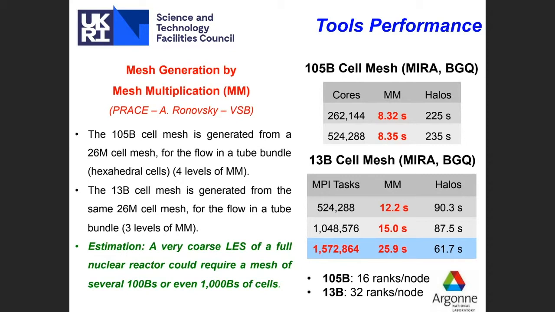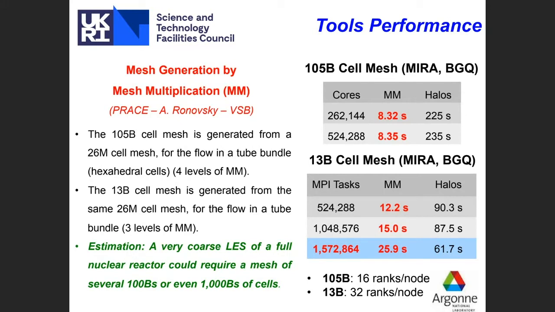So computing the halo, as you can see here, we use massive meshes from 13 billion up to 105 billion. Remember that the simulation you ran yesterday was about 2 million. So this is about 50,000 times larger. But the code is able to handle that.